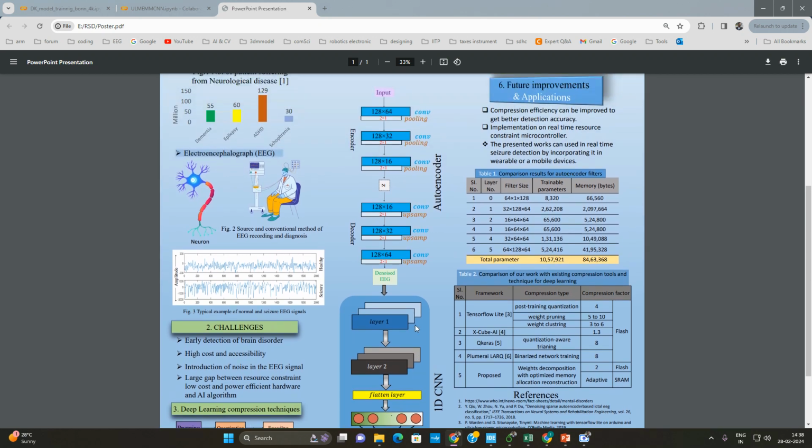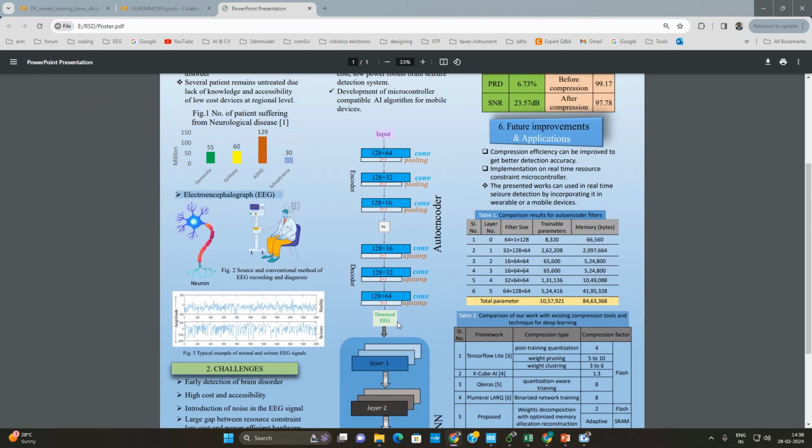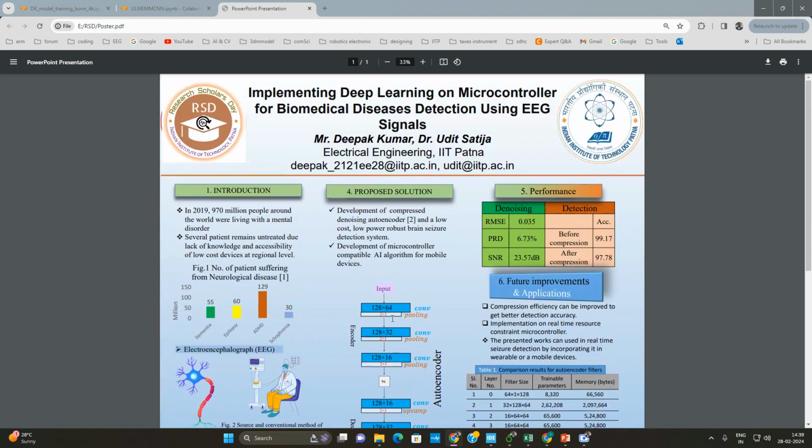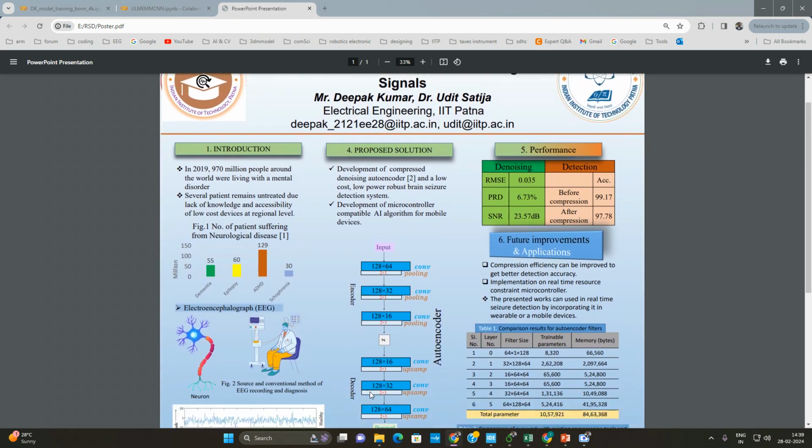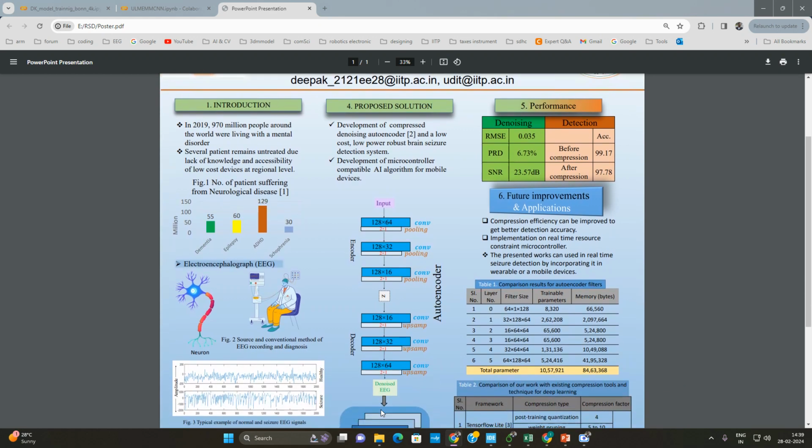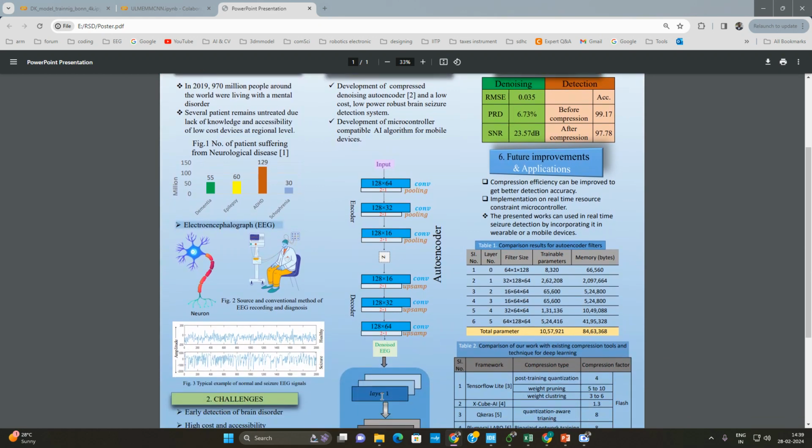This is a deep learning model, and our target, as I explained at the beginning, is that we are developing this for wearable devices. The main challenge is that deep learning based solutions are very heavy in size.